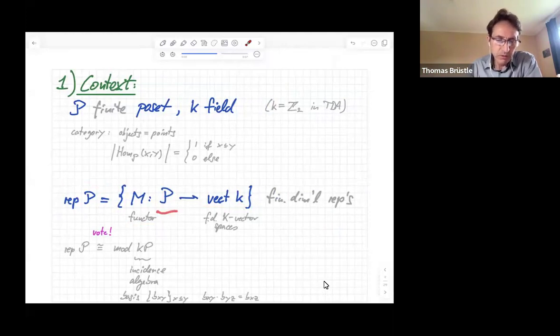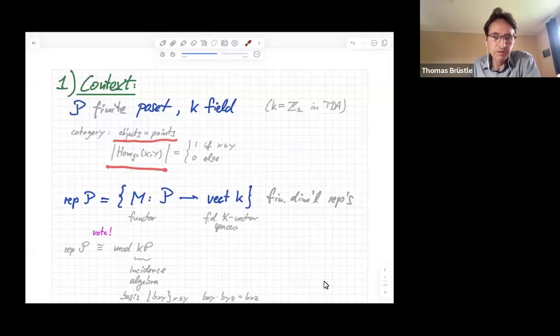Functor means we want to view our poset P as a category, whose objects are the points, and we have one morphism from X to Y whenever X is smaller or equal to Y in the poset. A representation is then a representation of that category: we represent every point in the poset P by a vector space, and morphisms are represented as linear maps.